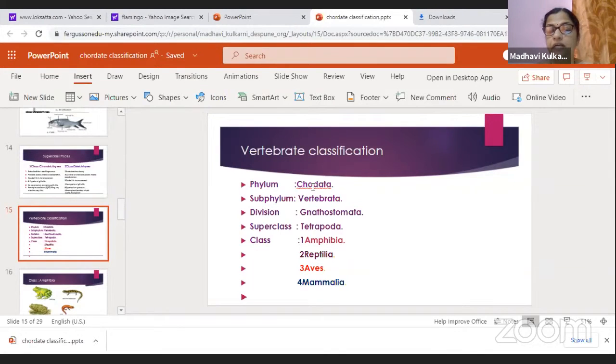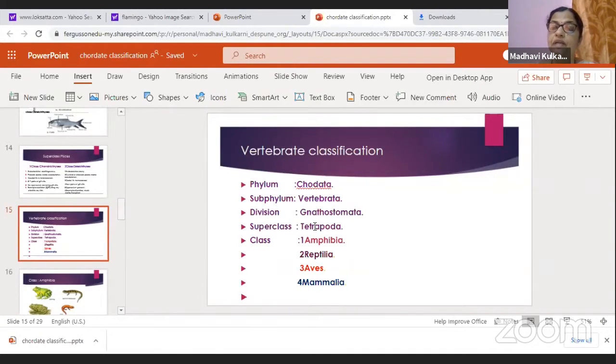Phylum Chordata. They all are chordate animals. They show the presence of a notochord. They belong to subphylum Vertebrata because the notochord changes into a vertebral column. They belong to the division Gnathostomata. They possess true jaws. They belong to the superclass Tetrapoda.